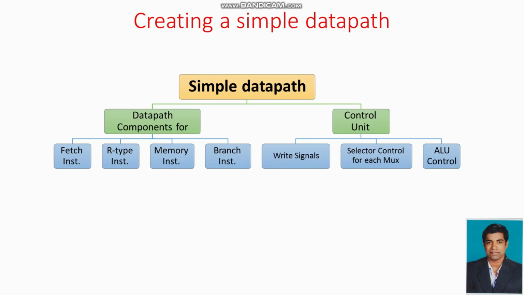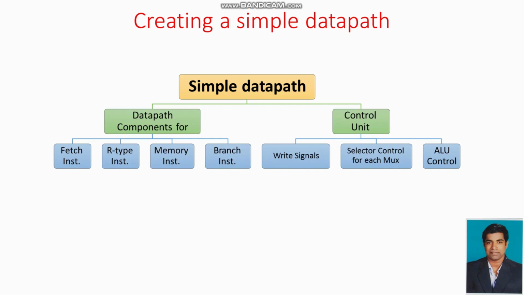Suppose we want to perform branching instructions like BEQ, BNEQ and jump instructions, then we need the data path for branching instructions. There are three types of branching instructions. The branching path will be established during these types of instructions.